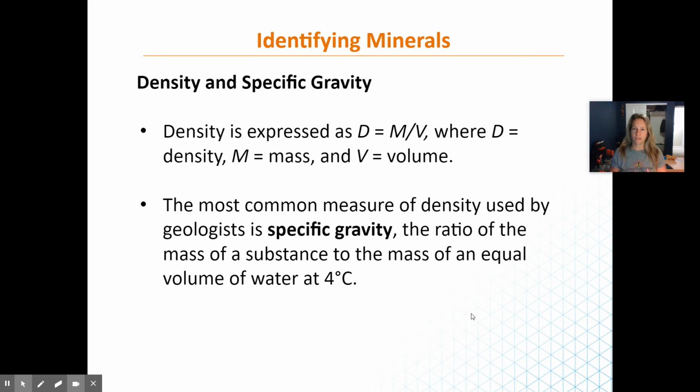And that's really common to use for minerals, because if you have a little tiny chunk of something, or if you have a big chunk of something, the density is going to be the same if it's the same mineral. So grams per volume is going to be small for this one. And then grams per volume for this bigger rock: it also weighs more, but it's larger. And so when you do the math, those should be the same, if it's the same mineral.